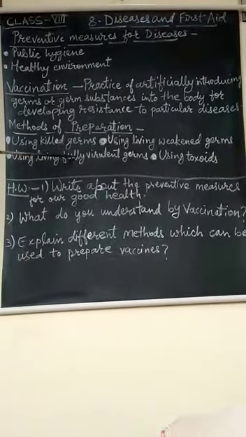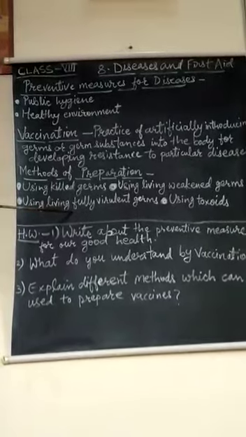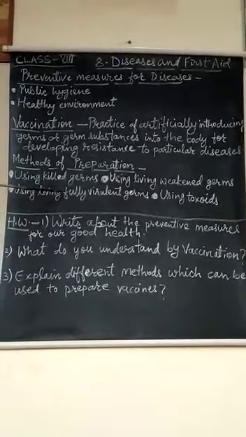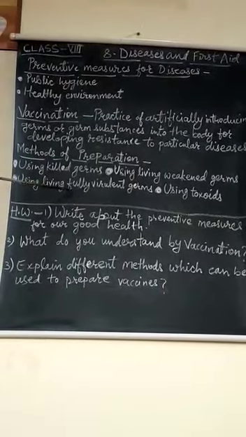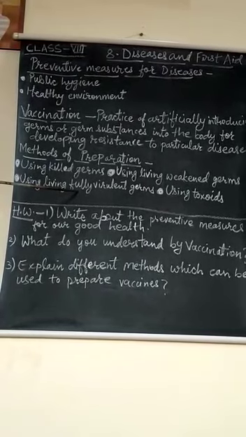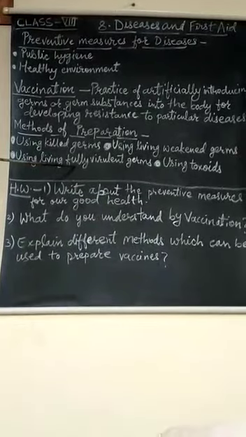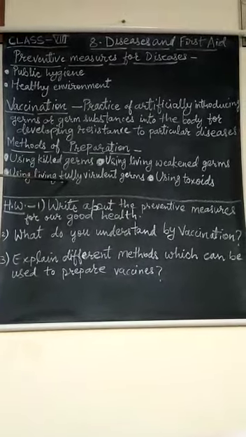Cowpox virus is very much similar to smallpox virus. So that cowpox virus in fully living condition is injected into the body so that WBCs get confused with smallpox virus and they will produce antibodies against smallpox.